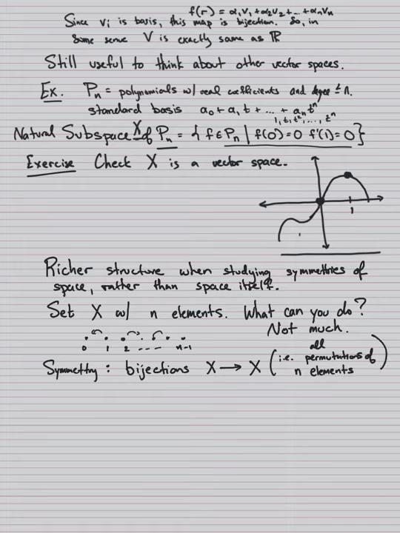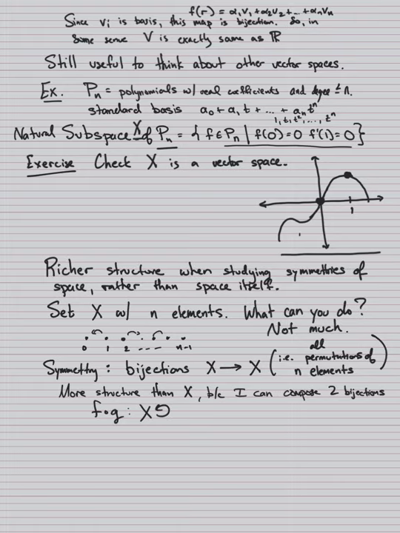Okay, and I'm going to claim without proof that this is a much richer object. One reason that it's richer, so this has more structure than X, is because I can compose. I can compose two bijections, F composed with G, and this is still a bijection from X to itself.